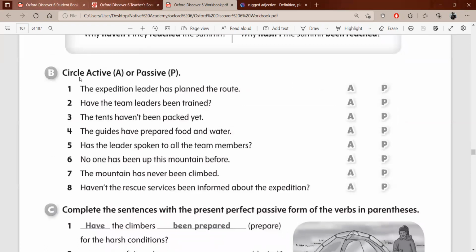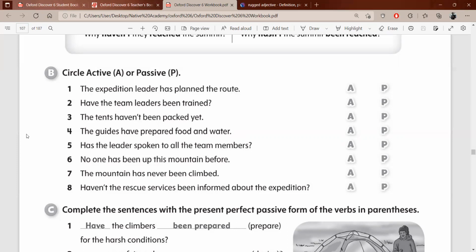Now, circle active or passive. Start with the first one. The expedition leader has planned the road. Active, of course. Number two: Has the team leaders been trained? Passive, of course, because we have the word been.